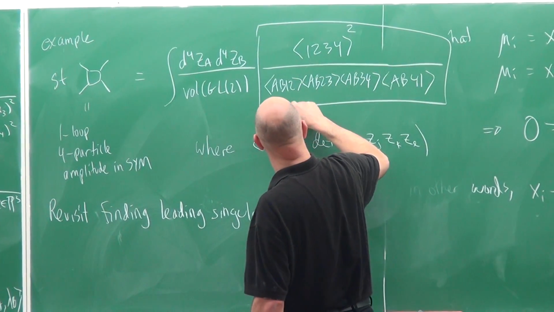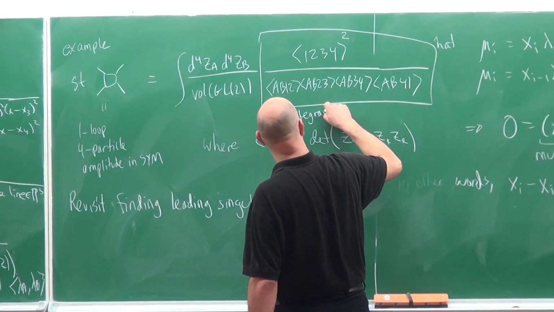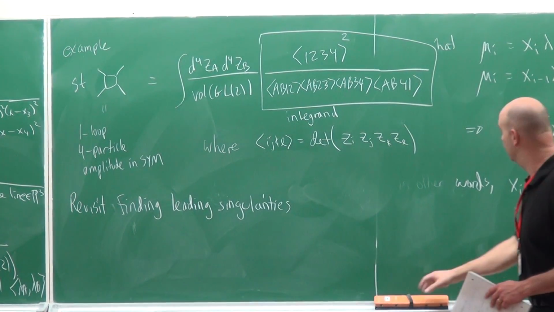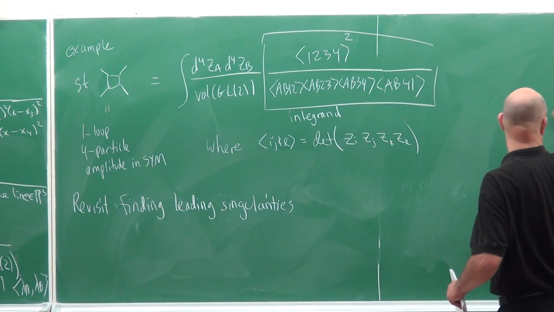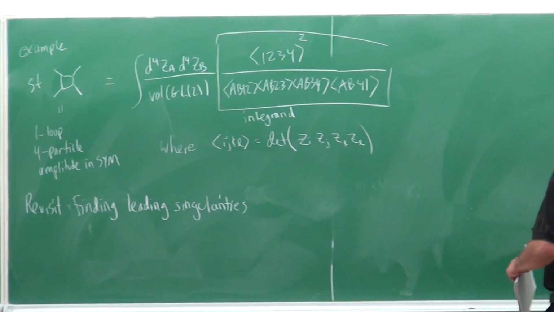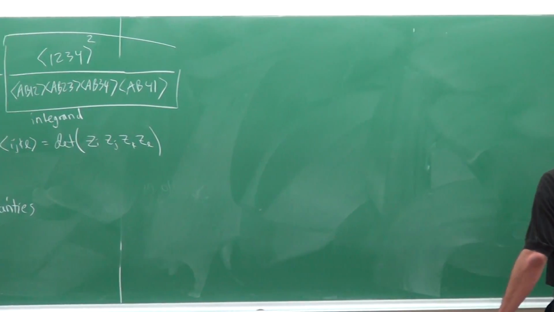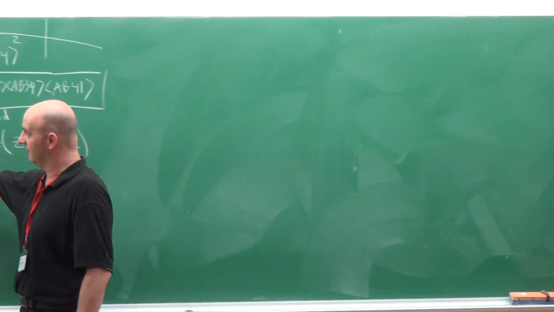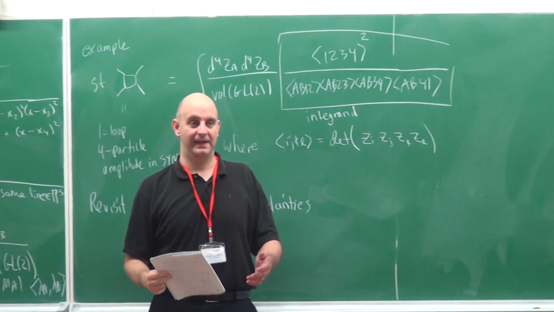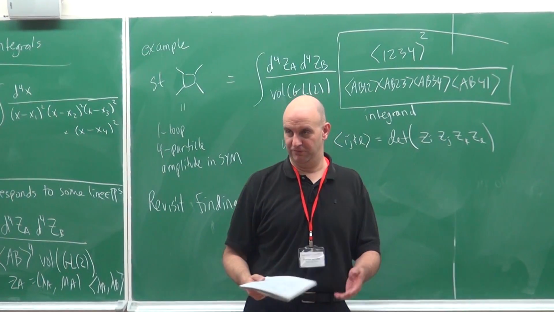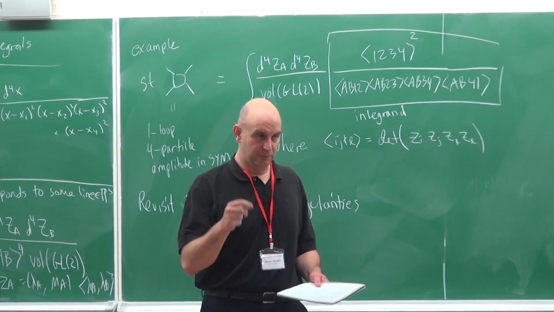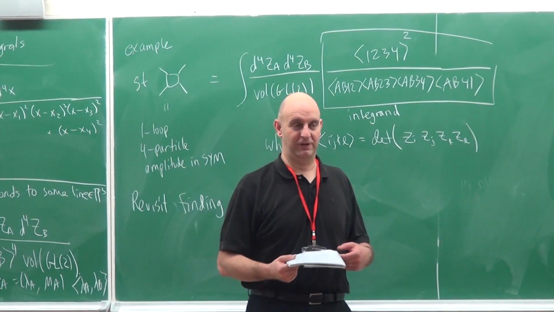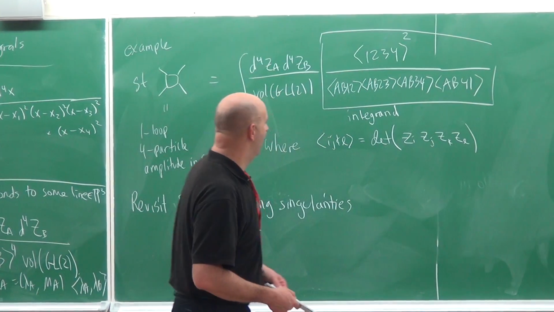So here's the integrand. This is the rational function we call the integrand in momentum twistor space. So last time when we visited this calculation of looking at the leading singularities of this integral, I just wrote the answer for you. I claimed that there are two leading singularities at 2 points L1 and L2. And I wrote the formula for you, and we checked that they were correct.